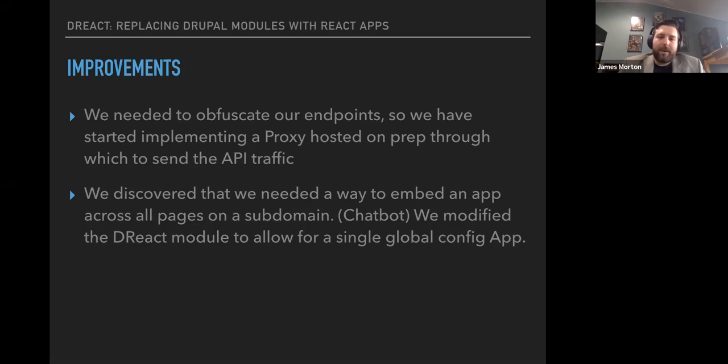So the first thing we needed to do is obfuscate or hide our endpoints. This was because in some cases, they wanted to use endpoints which, even though they themselves were public, might allow you to extrapolate other endpoints that we didn't want people to see. So instead of just having the app directly call those endpoints, we implemented a proxy.